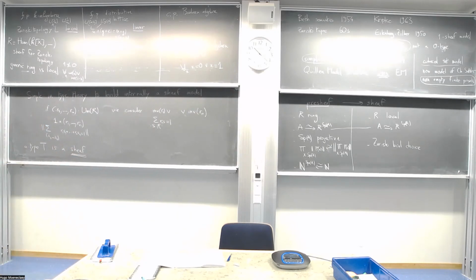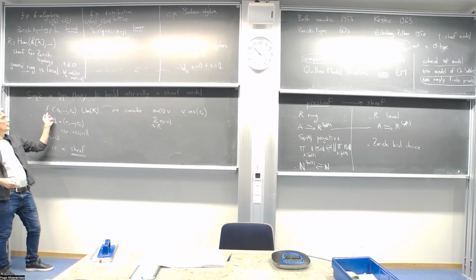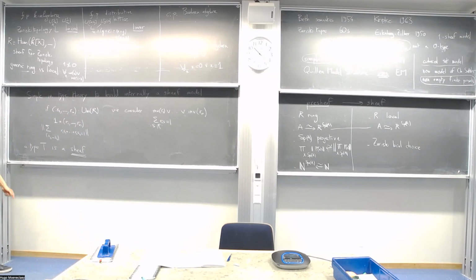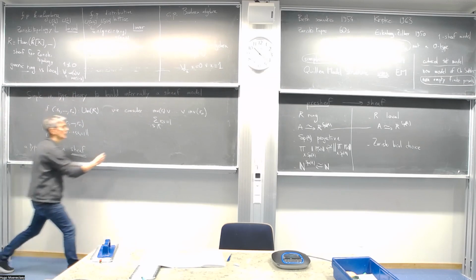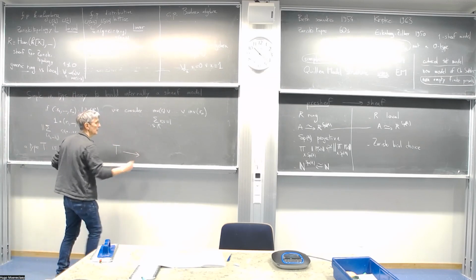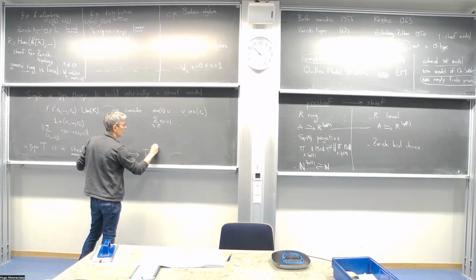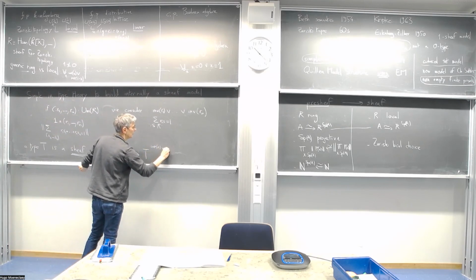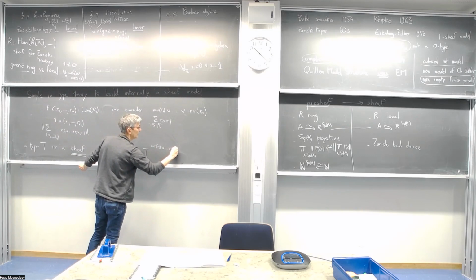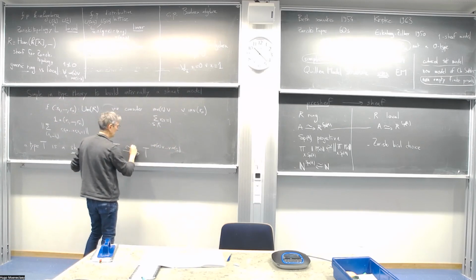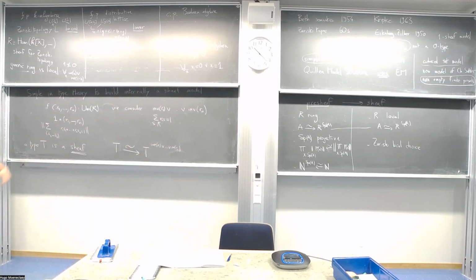And this will be an internal statement, so it's a sheaf if for any such vector, the diagonal map like this is an equivalence. So to be a sheaf is a property of the type.